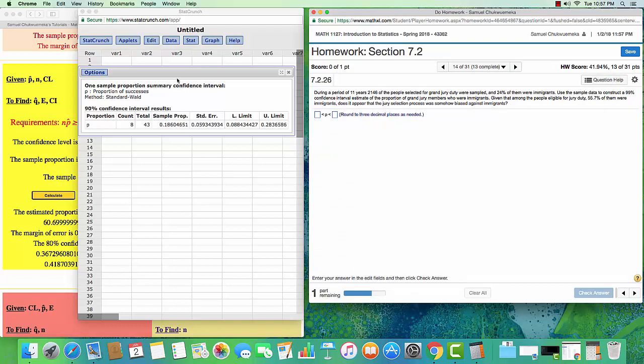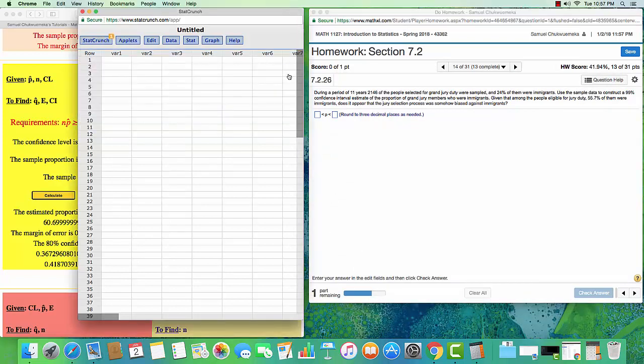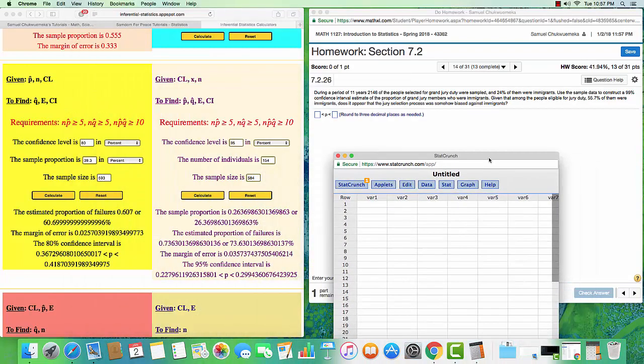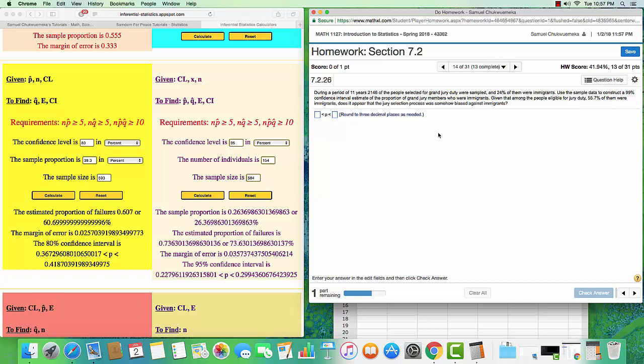Question 14, my turn, my calculator. During a period of 11 years, 2,146 of the people selected for grand jury duty were sampled, and 24% of them were immigrants.